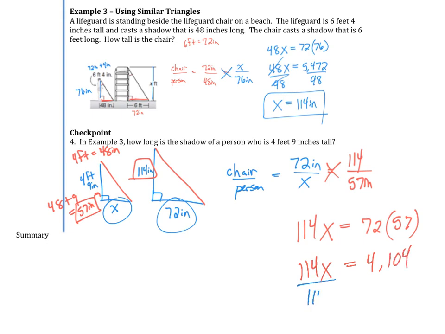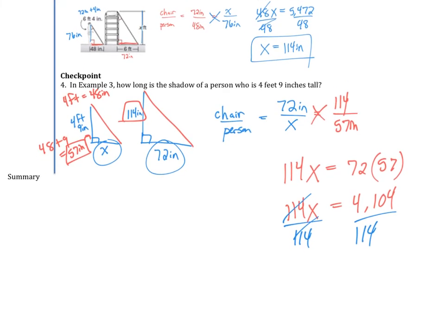And then we divide by 114. So x equals 36 inches. So how long is the shadow for someone who is 4'9"? It will be 36 inches long. All right, so that will be angle-angle similarity. And once we find out the triangles are similar, we can do proportions to find side lengths.